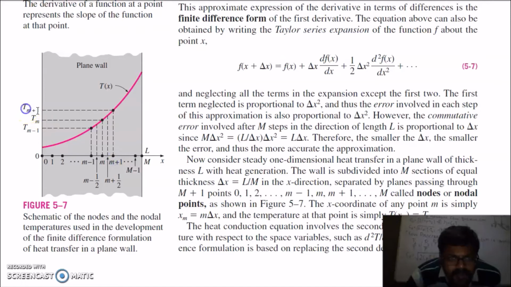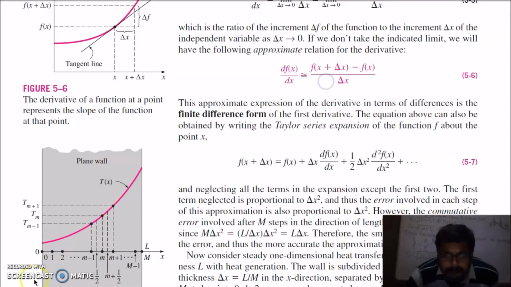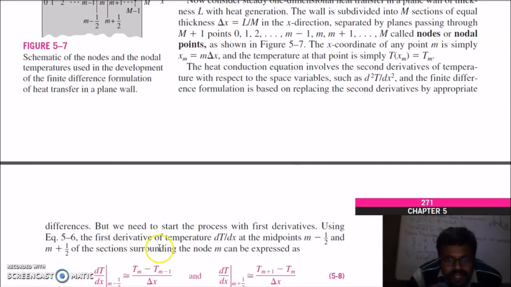and in terms of temperature, which is T_{m+1} at the m plus 1 node, T_m at the m node, or T_{m-1} at the m minus 1 node. But we need to start the process with the first derivatives. The first derivative dT/dx at the midpoints m minus 1/2 and m plus 1/2.